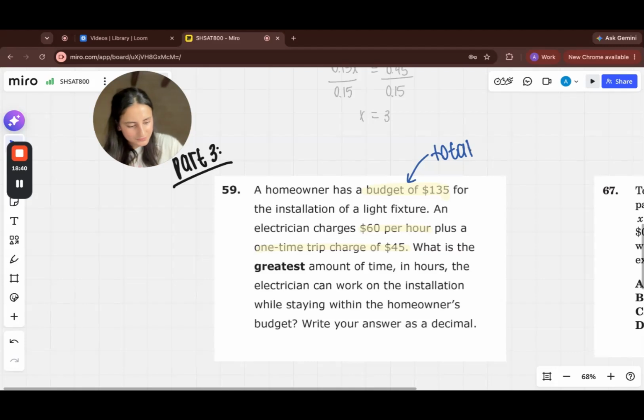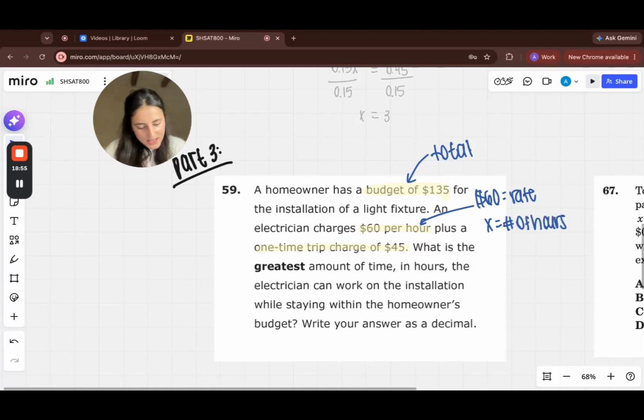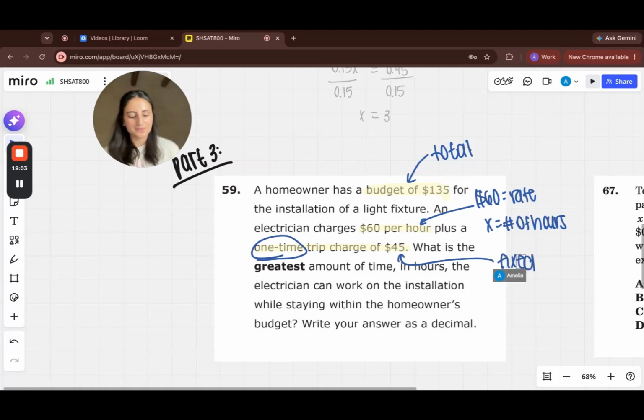And then $60 is the rate. And then x equals the number of hours. That's going to be our variable. And then the one-time trip charge of $45 is going to be our fixed amount.